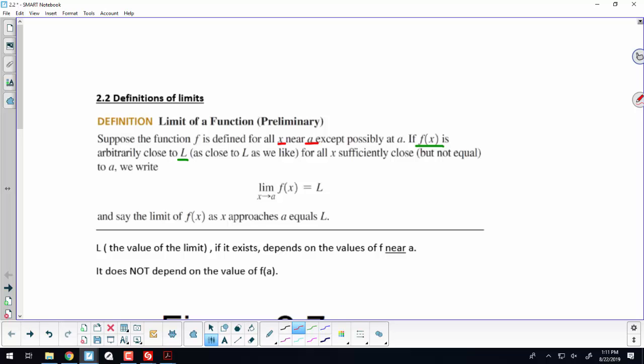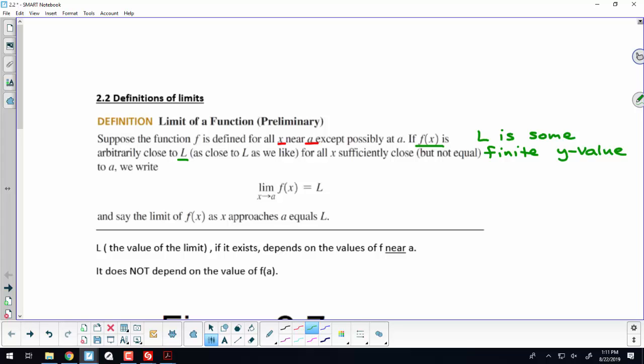Okay. So if your y values are arbitrarily close to L, and that's just some finite number, L is some finite y value or function value. So if we're arbitrarily close to a y value, and it says as close as we like, and again it's ambiguous.